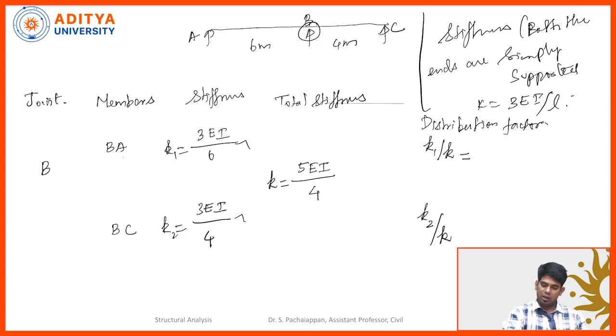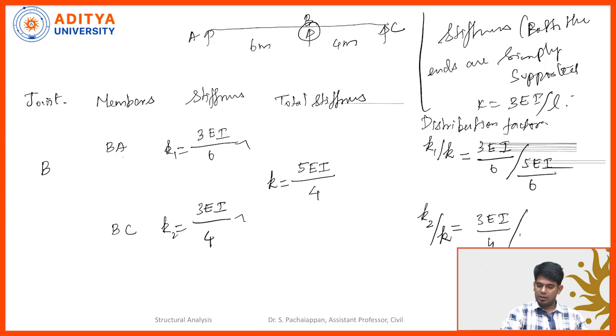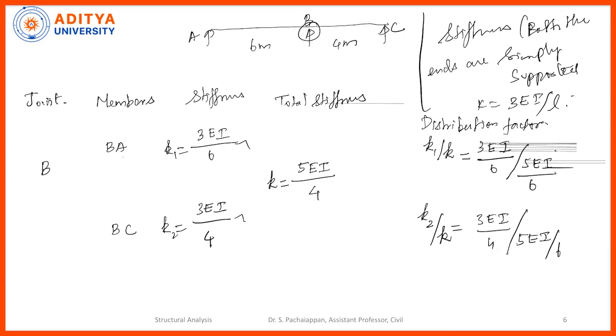K1 is 3EI by 6 divided by the total stiffness 5EI by 4, and then this one 3EI by 4 divided by the total stiffness 5EI by 4. So EI will get cancelled automatically here, and then the factor I am getting is 0.4, and for the span BC I am getting 0.6.